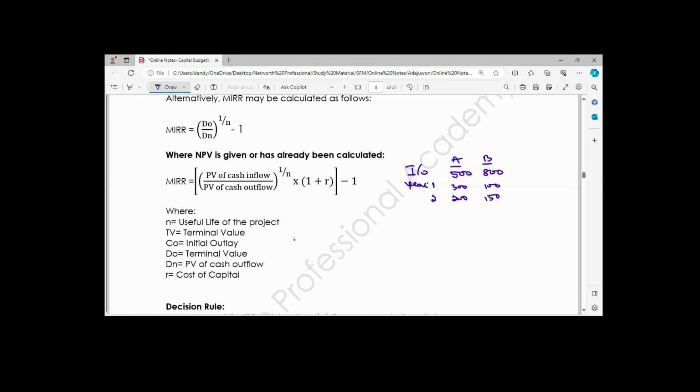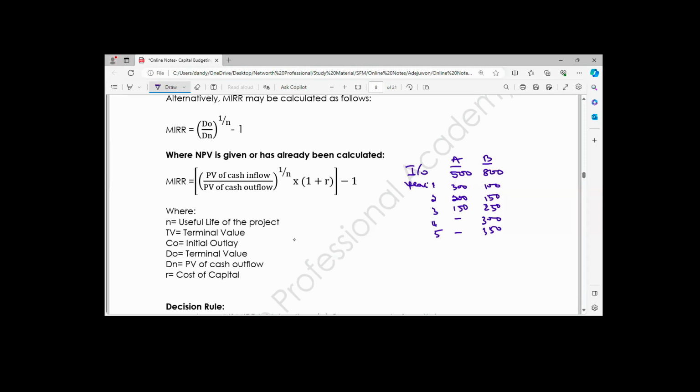Year three for project A is 150. Here is 250. Year four, 300. Year five, 350. So these are the cash flows for both projects, project A and B.